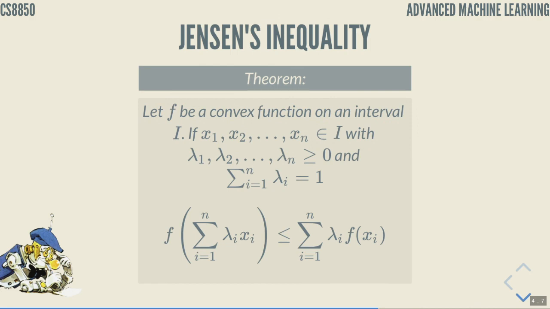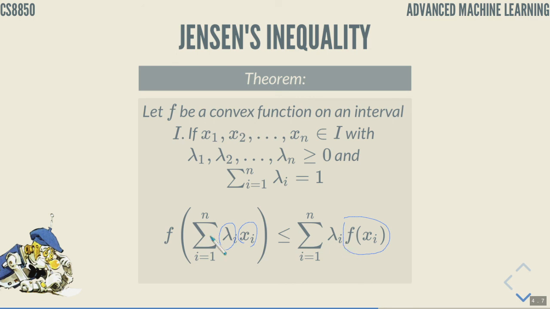And then we introduce Jensen's inequality. Jensen's inequality says, okay, let f be a convex function on an interval I. If points x1 through xn belong to that interval, with convex coefficients lambda 1 through lambda n, non-negative and such that they sum up to 1, then this convex function of a convex weighted combination of those x's is less than or equal to the weighted combination of the function of those x's.